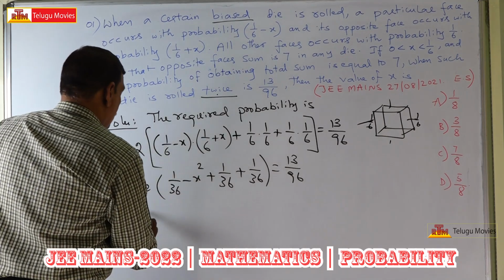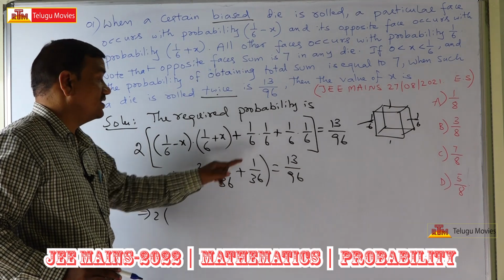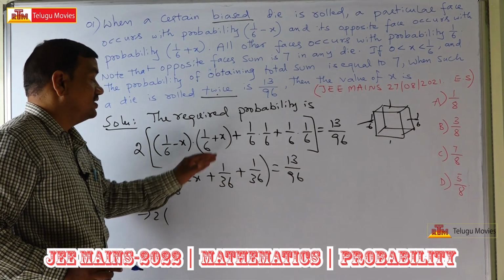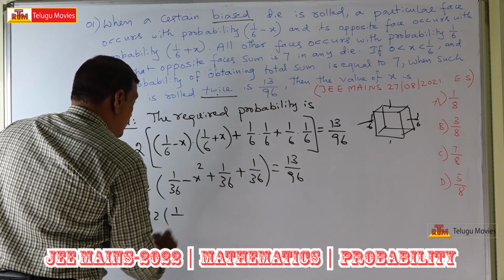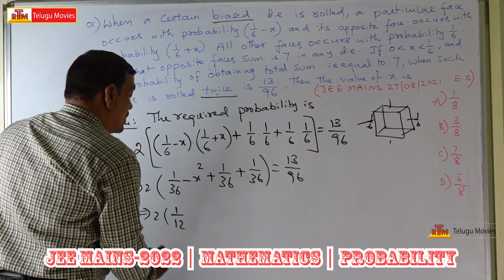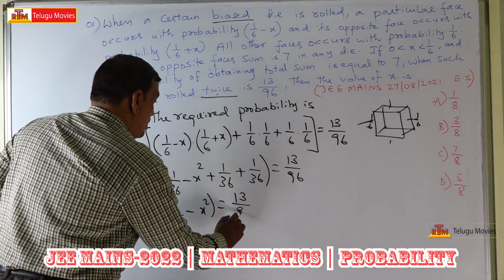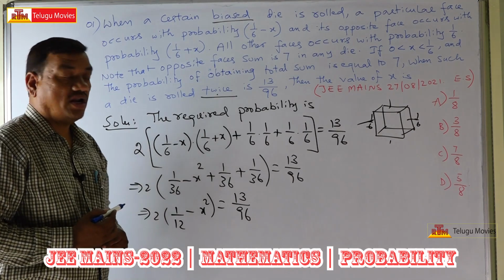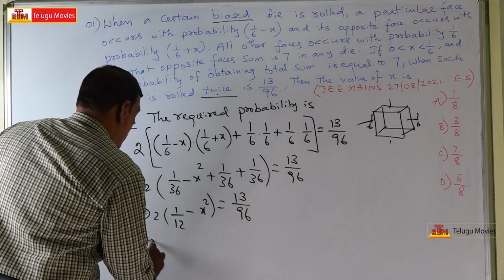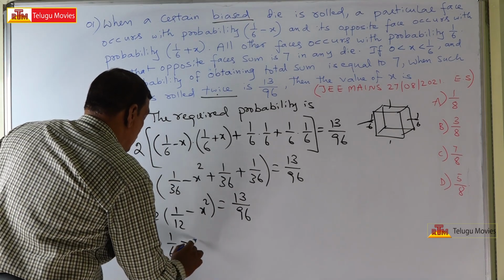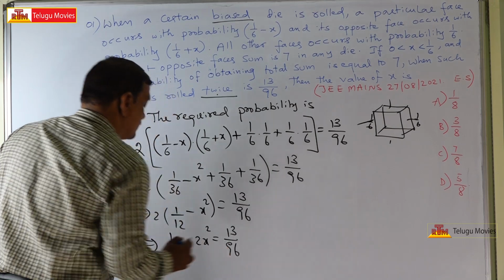This implies 1 upon 36 plus 1 upon 36 plus 1 upon 36 is 3 upon 36, which means 1 upon 12, minus x square, is equal to 13 upon 96. Now if you multiply by 2, you will get 1 upon 6 minus 2x square is equal to 13 upon 96.